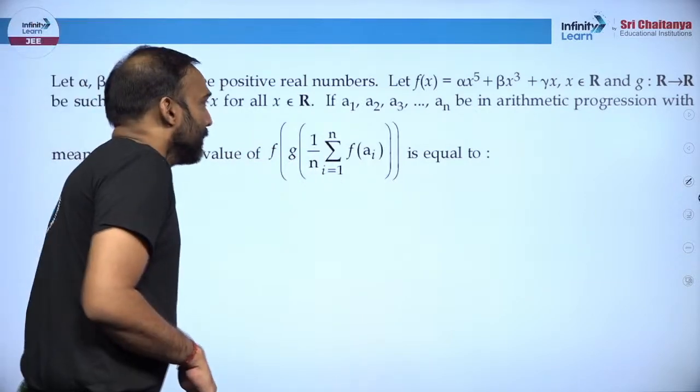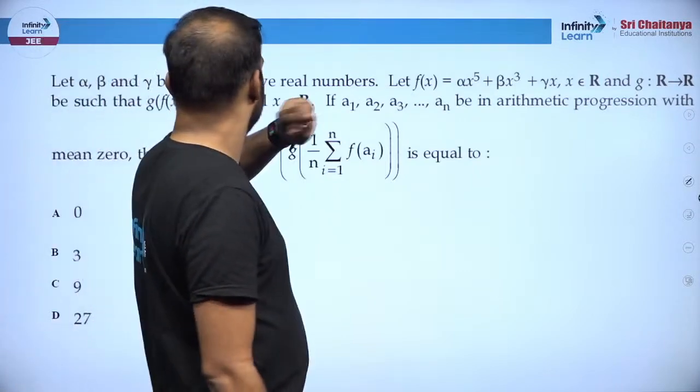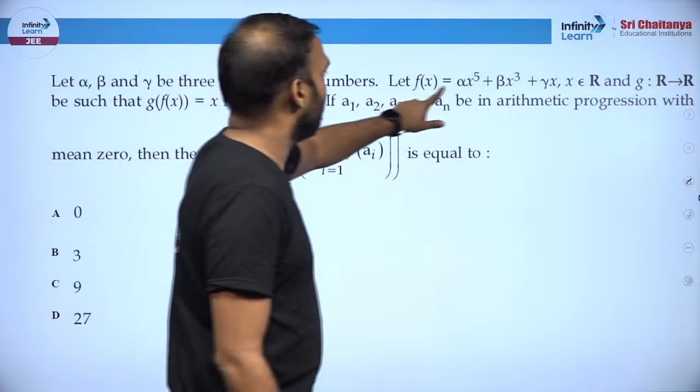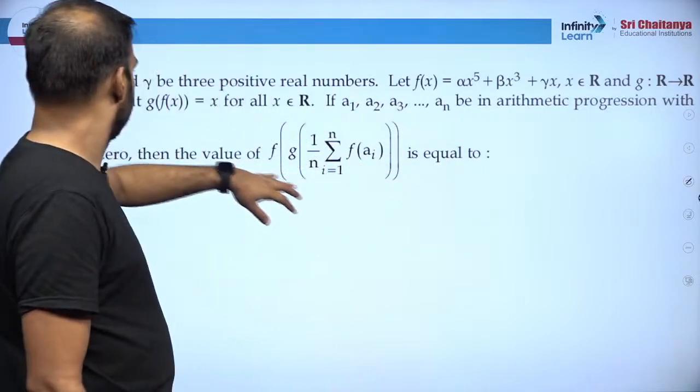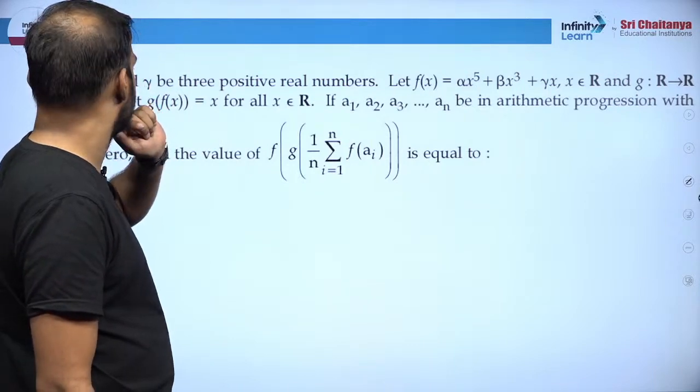So from here, we'll observe g(f(x)) is x, right? So α, β, γ are 3 positive real numbers which are defined as this.